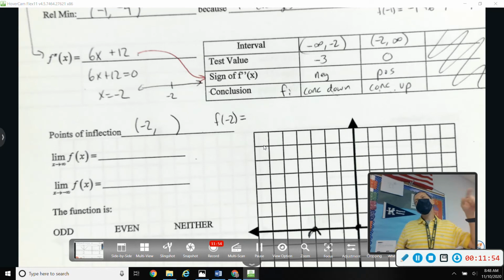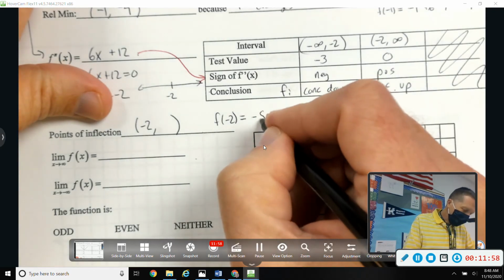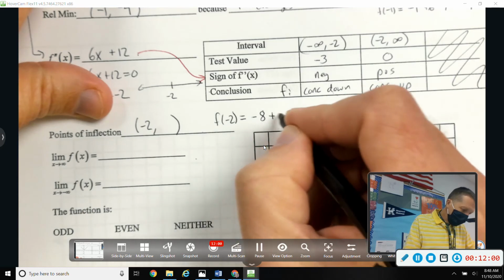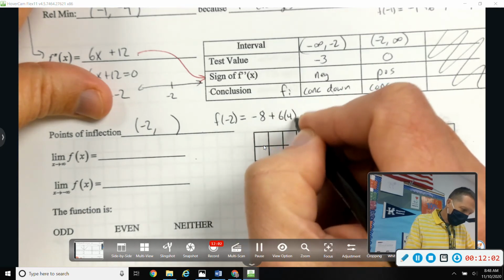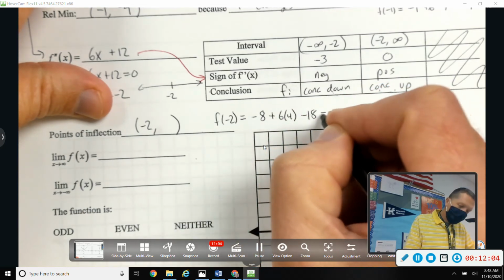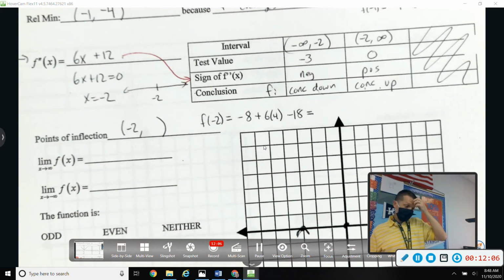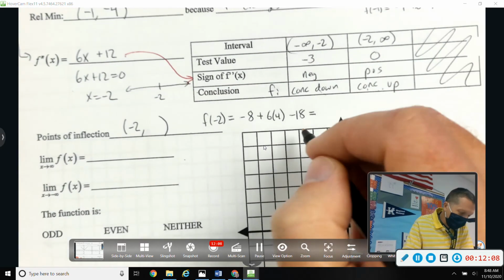So all the way back to the original. Negative 8 plus 6 times 4 minus 18. Lots of math here, mental math.